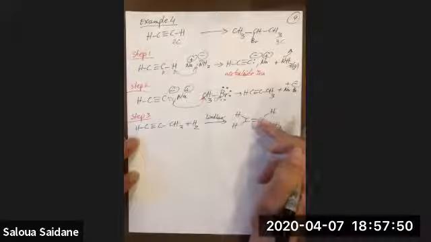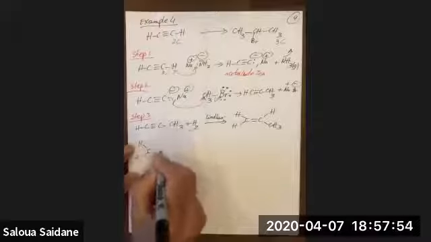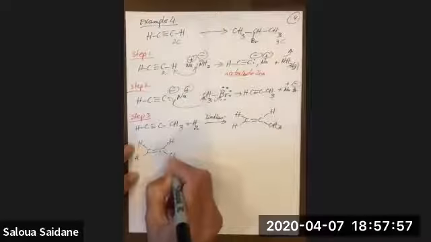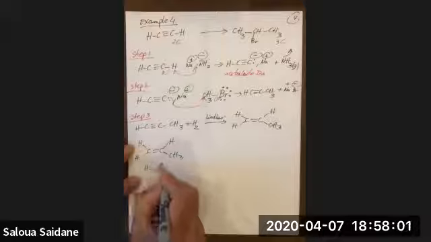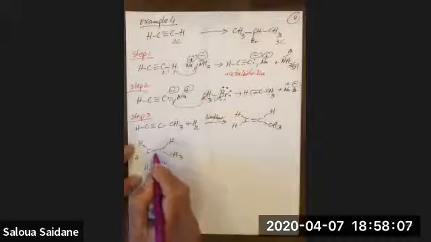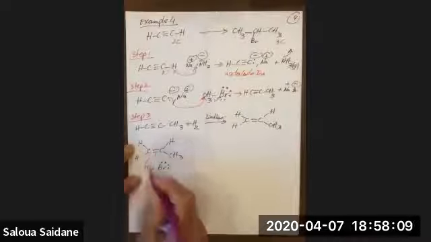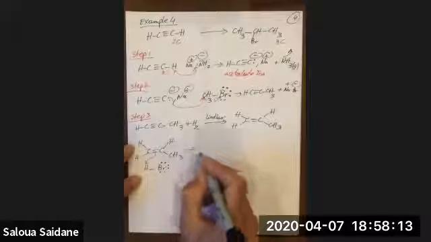And now on the alkene here, we can add HBr. So remember, if I bring HBr, this is a pi bond. Remember, the H adds on the less substituted.